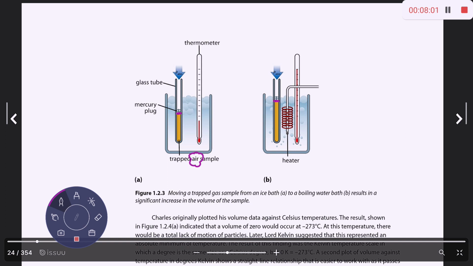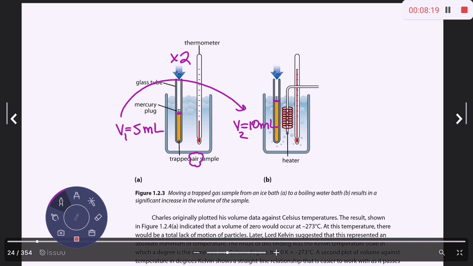Obviously the volume is changing. Let's assume that the volume here is like 5 milliliters. And let's assume over here the volume becomes 10 milliliters. I'm just making it up. So V1 to V2, as you go from here to here, the volume doubles.